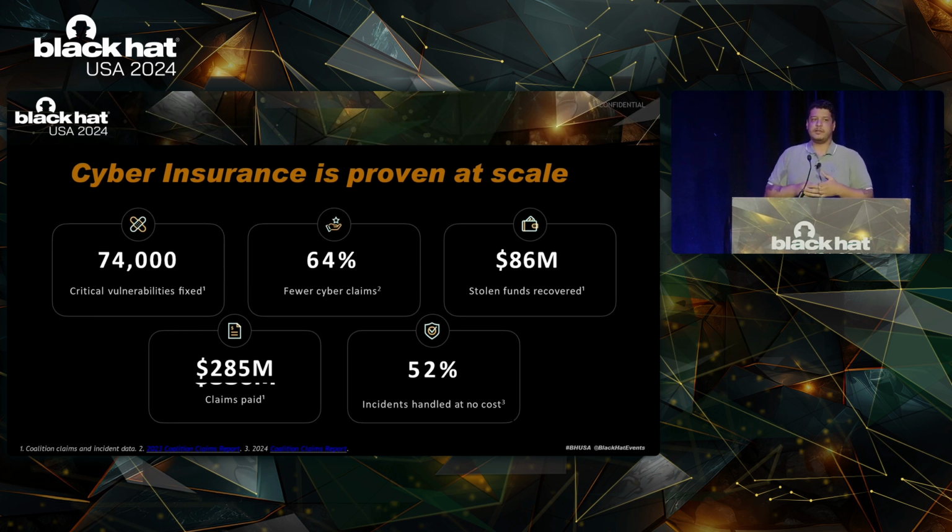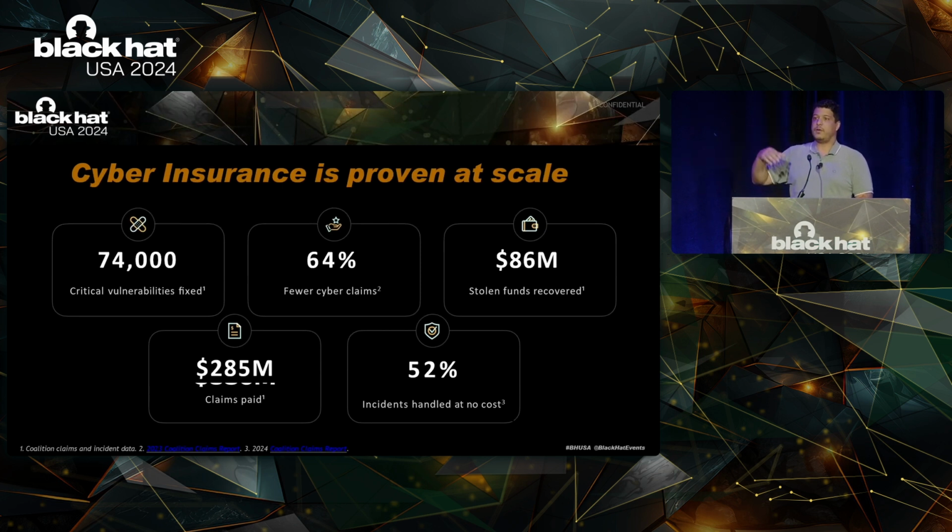We don't just email customers when every CVSS 10 comes out, telling them, hey, go patch all the things, because our customers would get confused, they would get overwhelmed, and they would stop paying attention to what we tell them. So it's only when we know that they are real things being exploited, and we got our customers to fix 74,000 of them. We also saw that companies that follow the recommendations we give them had 64% fewer cyber claims.